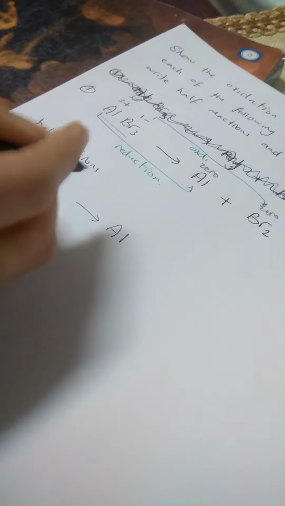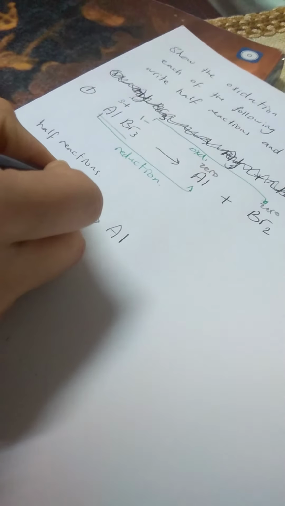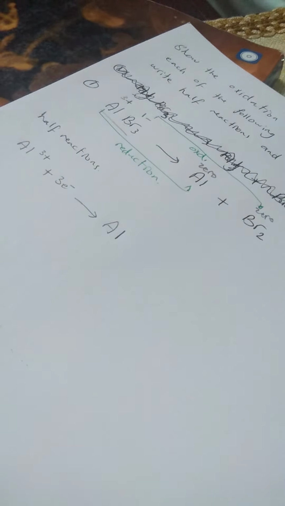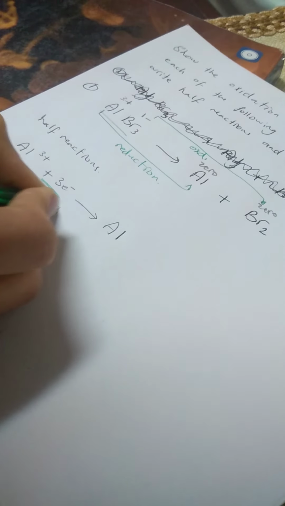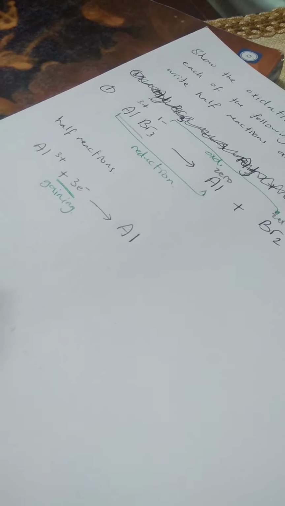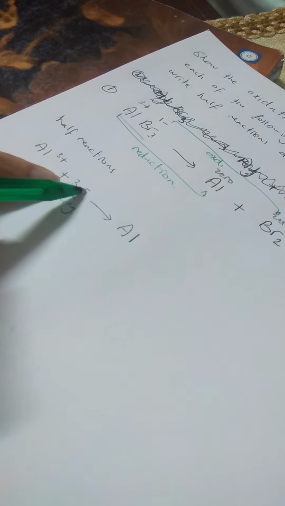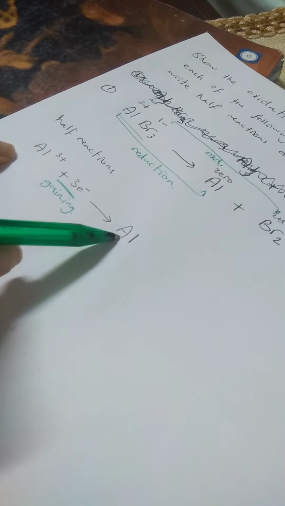Reduction is gaining of electrons, gaining of 3 electrons. How would you know that you're solving in the right way? +3 and -3 equals 0. The sum of the charges here is 0. The charge here is 0. The charges should be balanced in the equation.